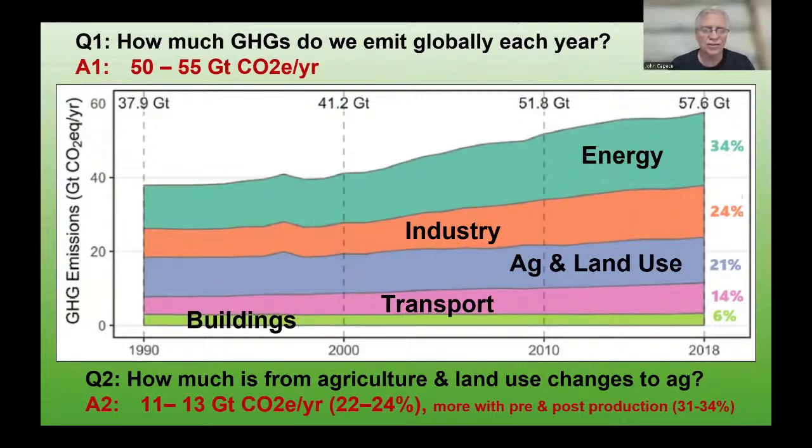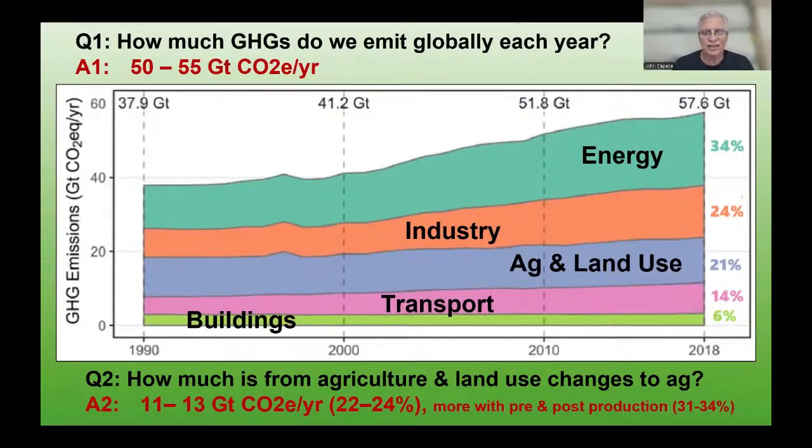Let's visualize those numbers through historical data tracking global greenhouse gas emissions from 1990 through 2018. It's a little disappointing that data tracking has diminished in recent years. It's getting harder and harder to find current estimates of various climate-related metrics.